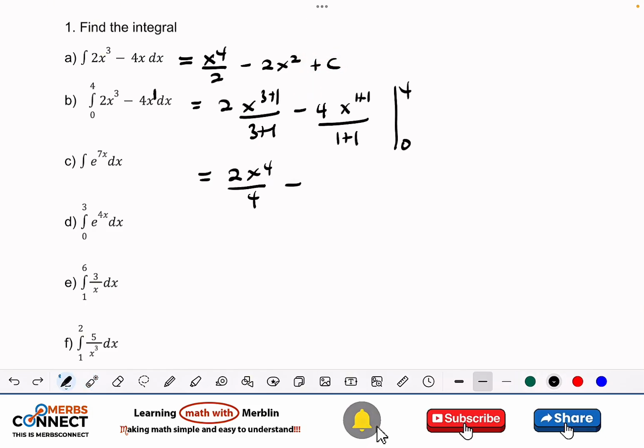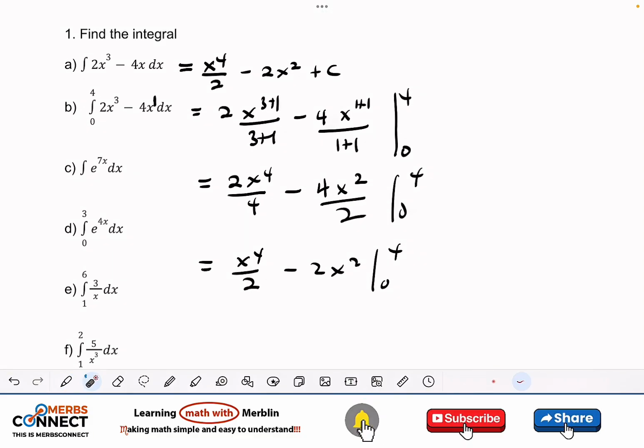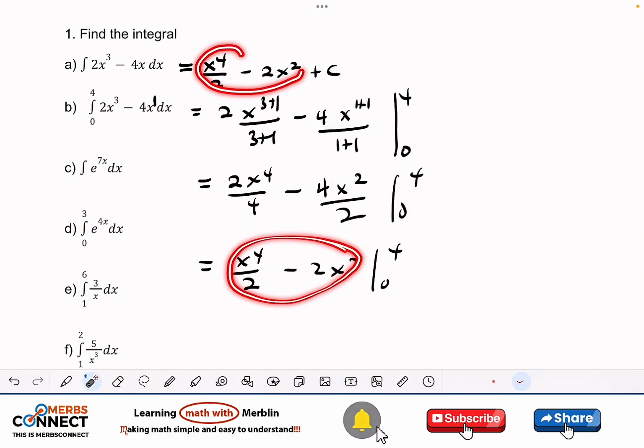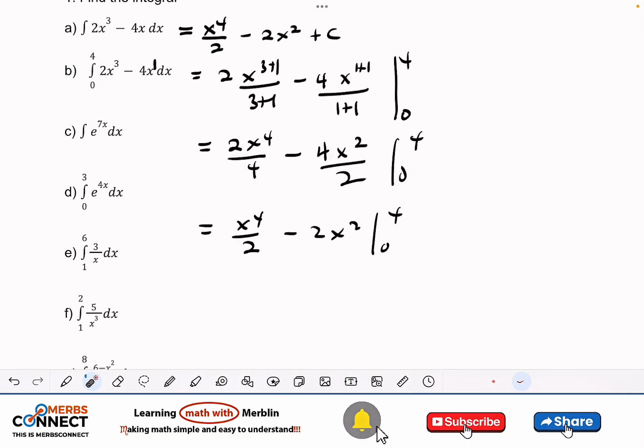Basically we are almost done, so let me finish it up. Divided by 2 from 0 to 4, this is going to give us x to the power 4 divided by 2 minus 2x squared from 0 to 4. You see that this one is the same as the first one. Since this one is definite, we could have just ignored the c, put 0 to 4 and done the evaluation.